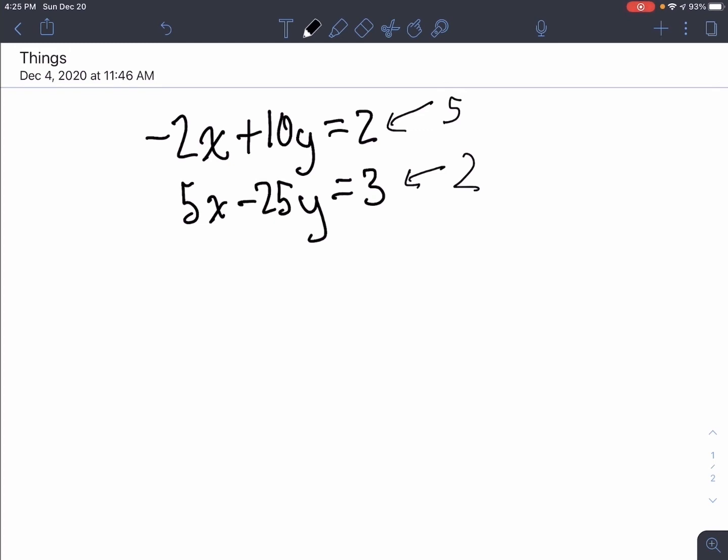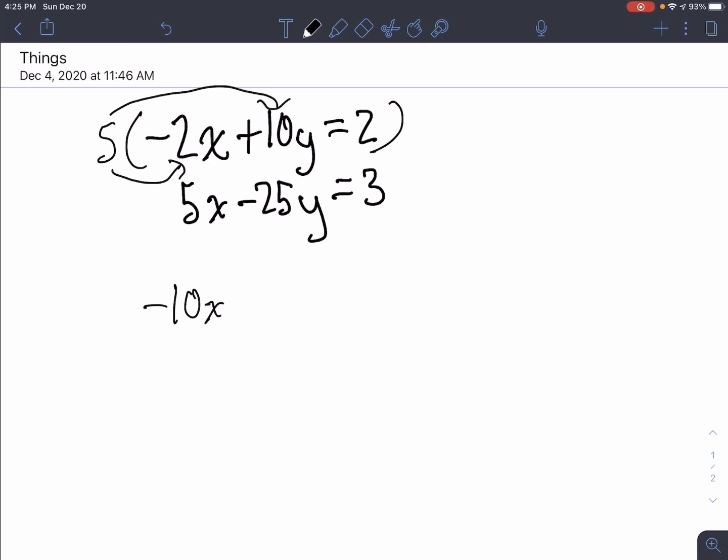Because if we multiply the first equation by 5, using the distributive property, 5 times negative 2 is equal to negative 10x, because it's the coefficient of x. Then 5 times 10 is equal to 50y, because it's the coefficient of y. And 5 times 2 is equal to 10.